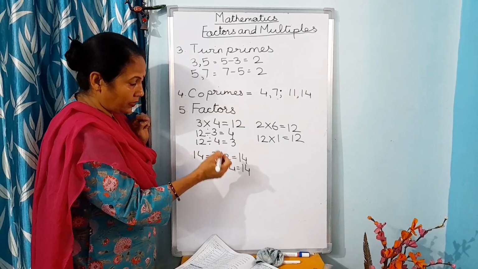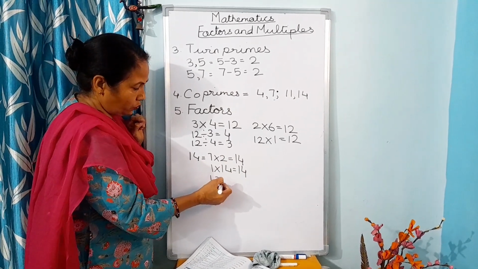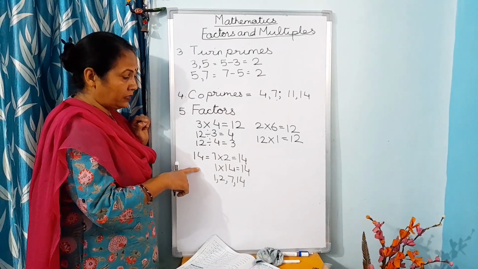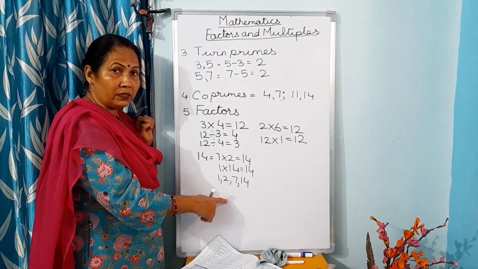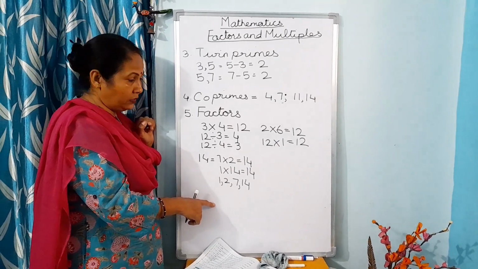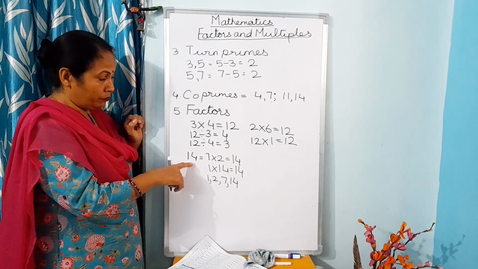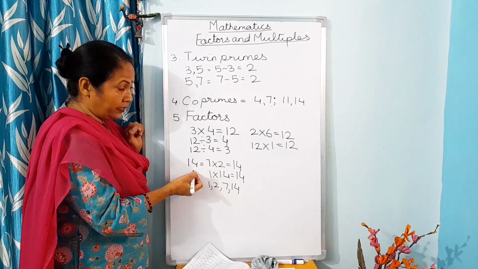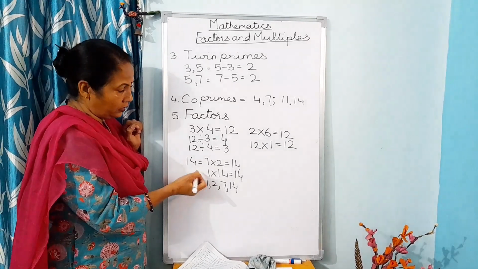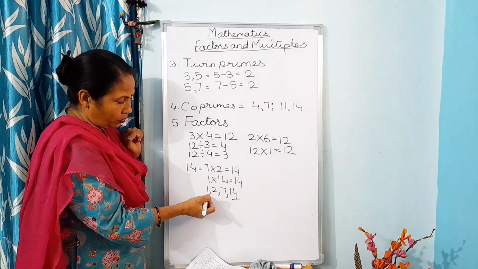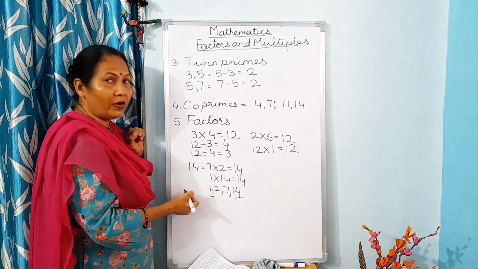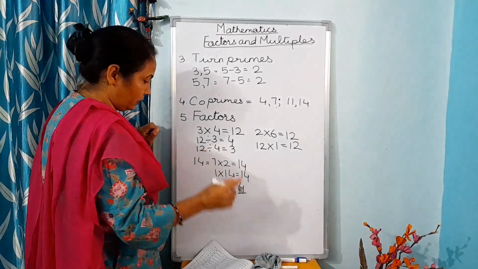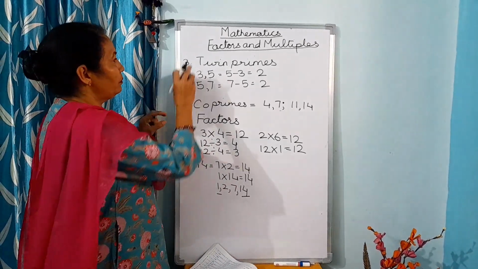So now you can count these factors: 1, 2, 7 and 14. So factors are always countable. They are finite, meaning they cannot exceed beyond the number. The greatest factor of the number is the number itself and the smallest factor is 1. Is this clear, children? Now I will explain you multiples.